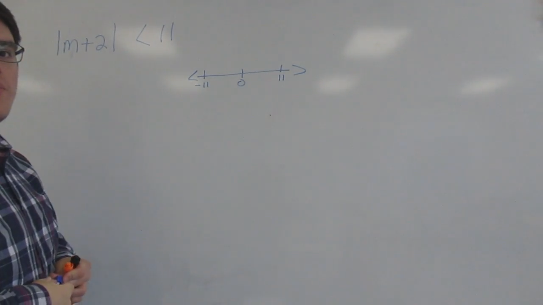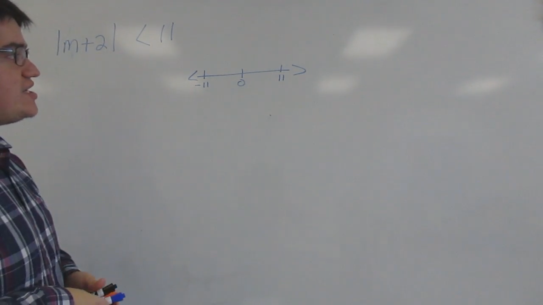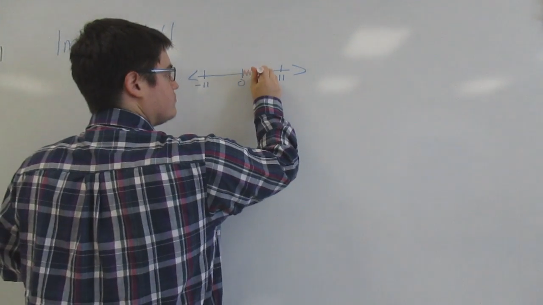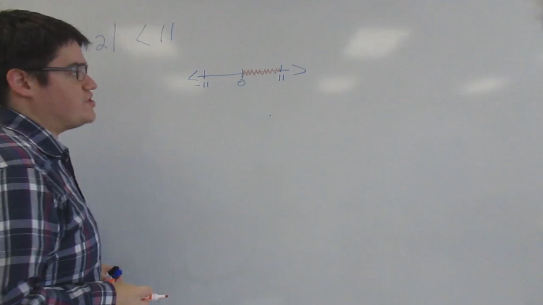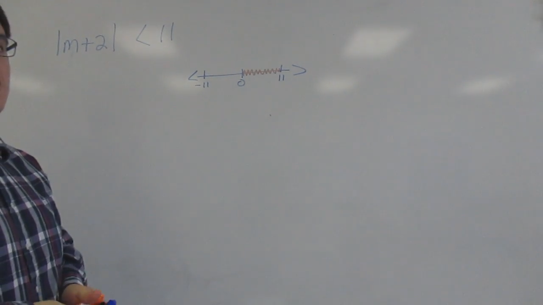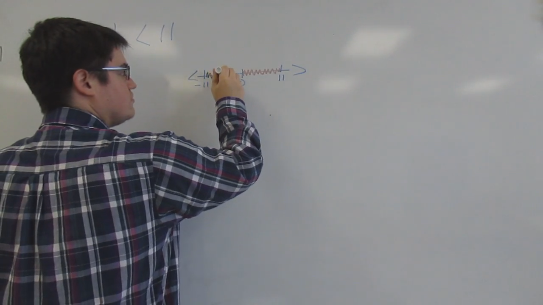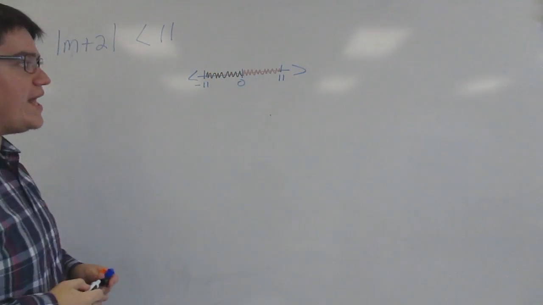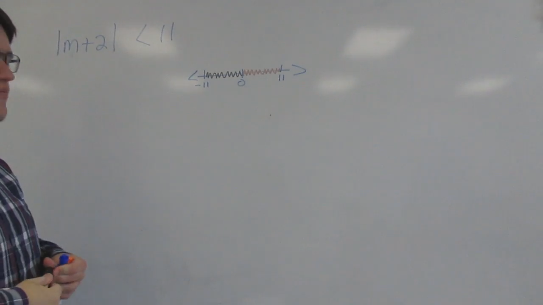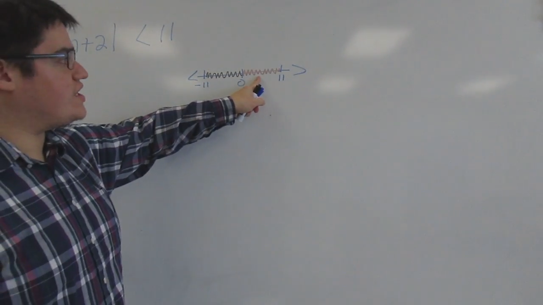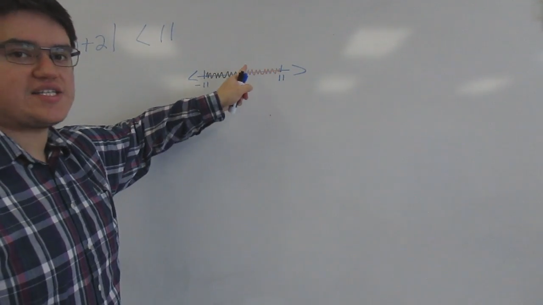So we need a way to represent both of these distances. So we need one here to represent the orange distance. And at the same time, we need something else to represent the black distance there. If you look at the orange distance, we're saying that whatever's in here has to be less than 11.